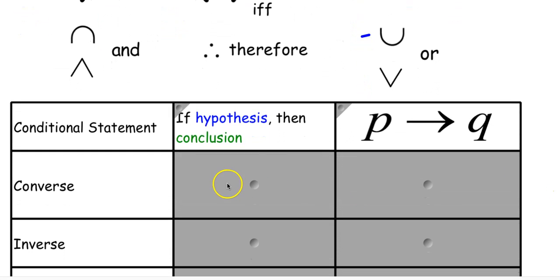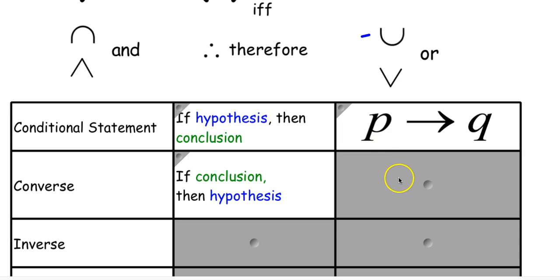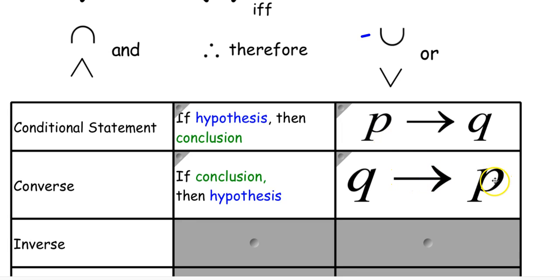So the converse we've already talked about is if conclusion, then hypothesis. So instead of having P to Q, we're going to have Q arrow P. Notice the arrow is always going to be written in between the two, but it actually means if, then.